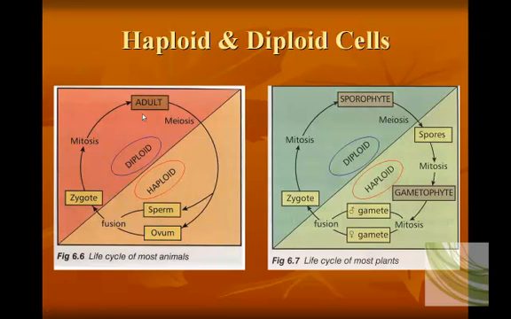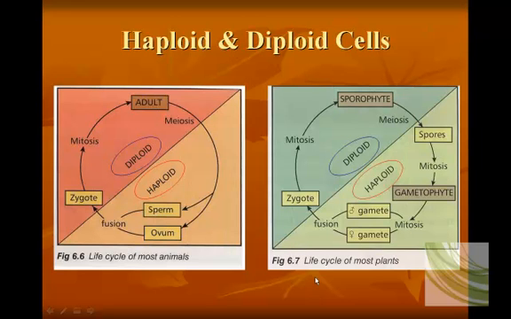And in the adult, in gametogenesis, the gametes are produced via meiosis. What has been produced are the sperm and the ovum, which are in the haploid condition. The fusion of the sperm and ovum produces the zygote.